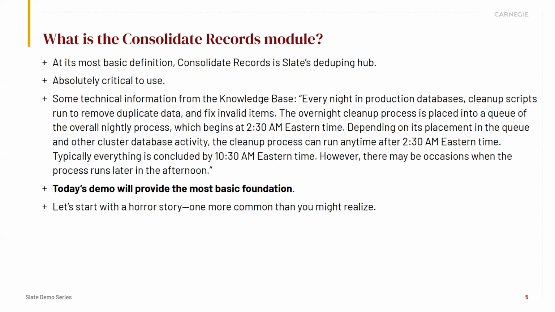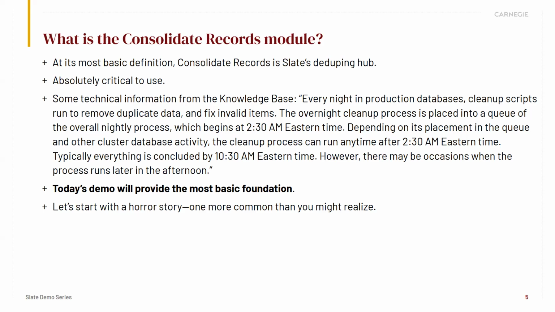But I'd actually really like to start with the reason I wanted to create this demo video, which is a horror story. A couple of years ago, I was working with a school that came to me with the problem of having a ton of duplicate data, records and other data. And when we did a little bit of digging, we found not only had they not used, but they hadn't heard of the Consolidate Records module.